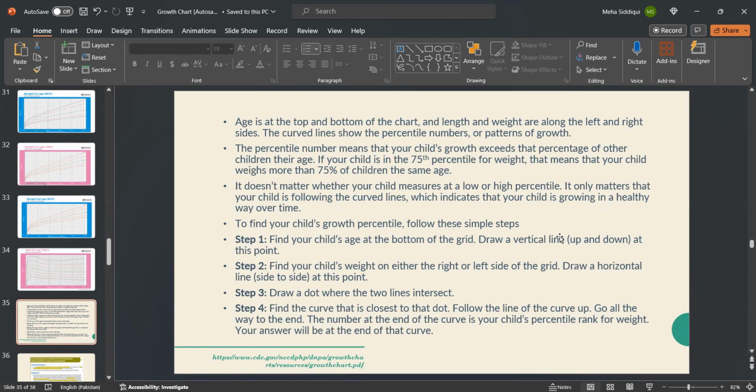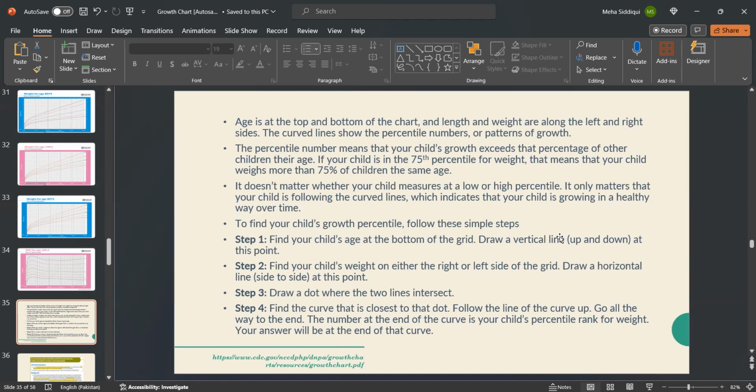If a child is in the 75th percentile for weight, it means that your child weighs more than 75% of children of the same age. It does not matter whether your child measures at a low or high percentile. It only matters that the child is following the curved lines, which indicate that the child is growing in a healthy way over time.